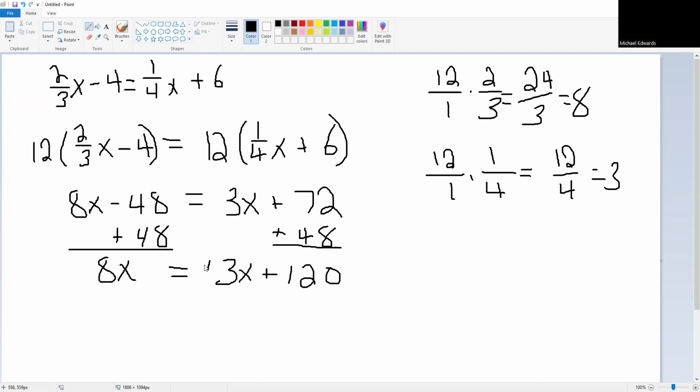This one has a plus sign understood in front of it. We just want to move it over here. We're not breaking multiplication, we're breaking addition. So we just subtract. This turns into 5x, and this turns into just 120.